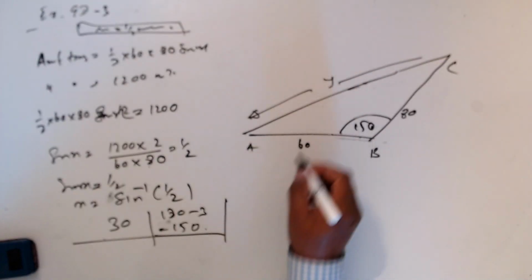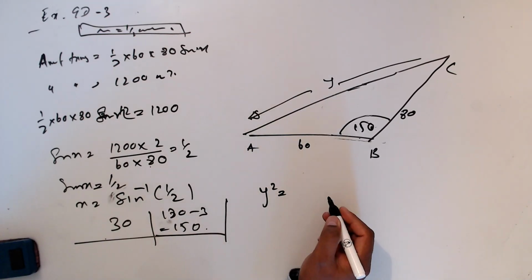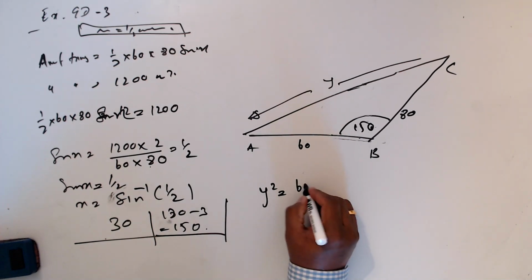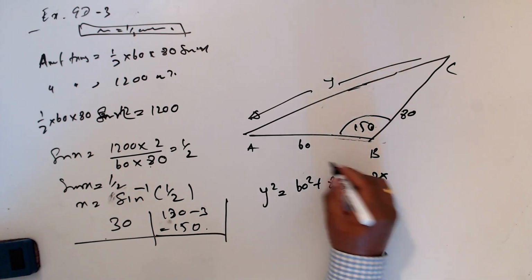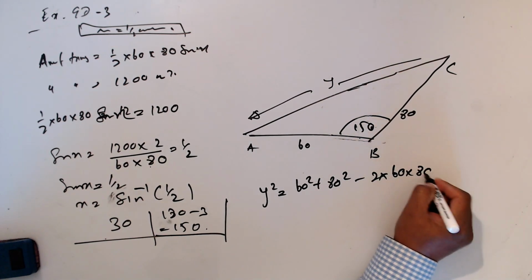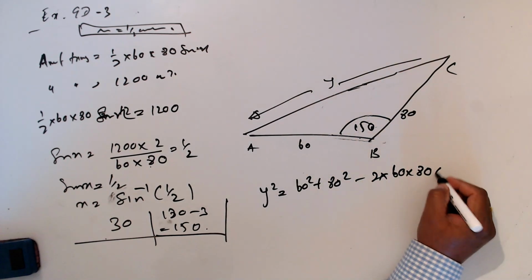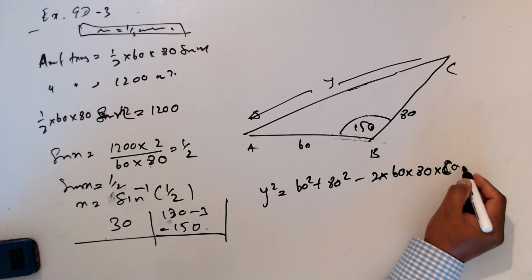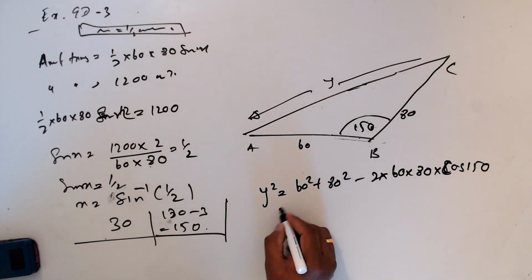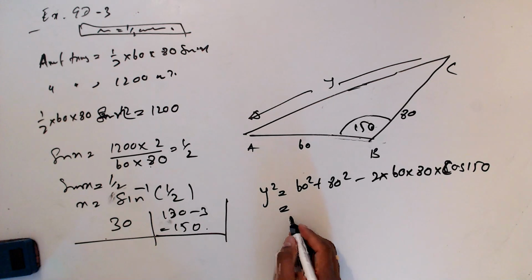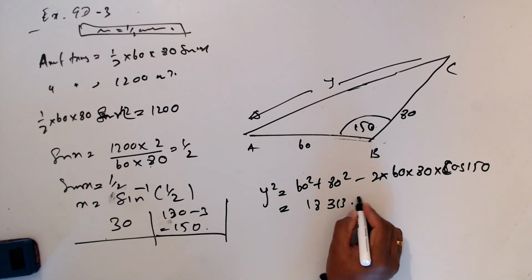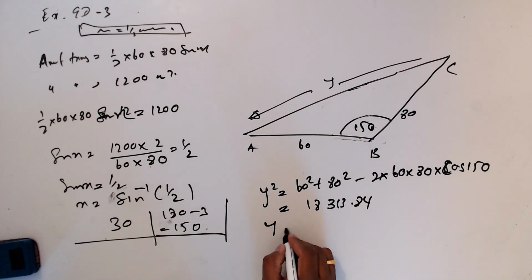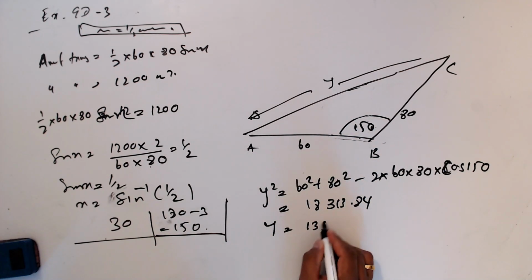So I'm going to write y square equals 60 square plus 80 square minus 2 times 60 times 80 times cos 150, which is 18,313.84. Then y equals 135.3.